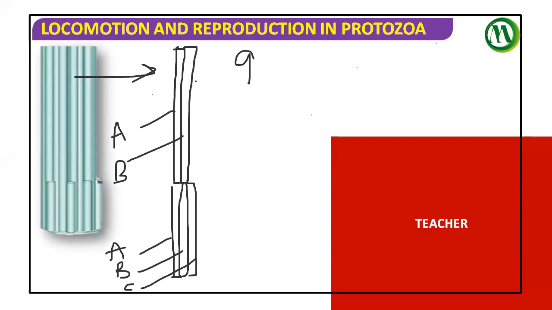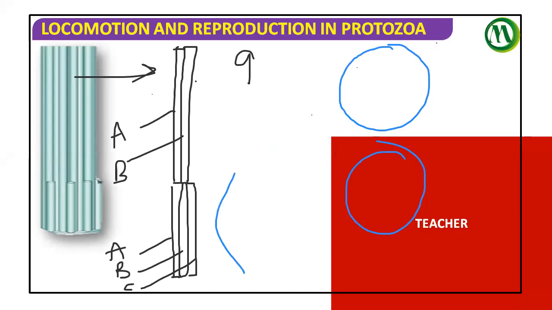At the time, I'll draw both the TS of flagellum and the TS of basal granule. Let us make our Euglena also to stay here so that you can understand where I am drawing exactly.